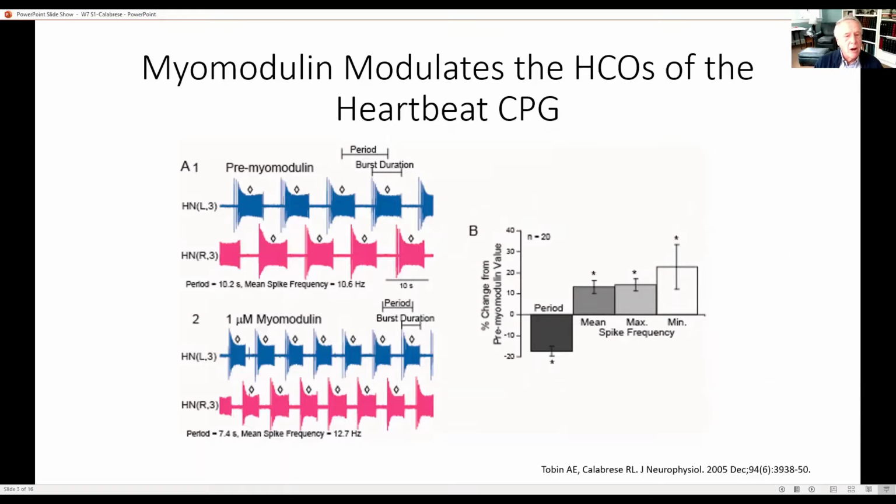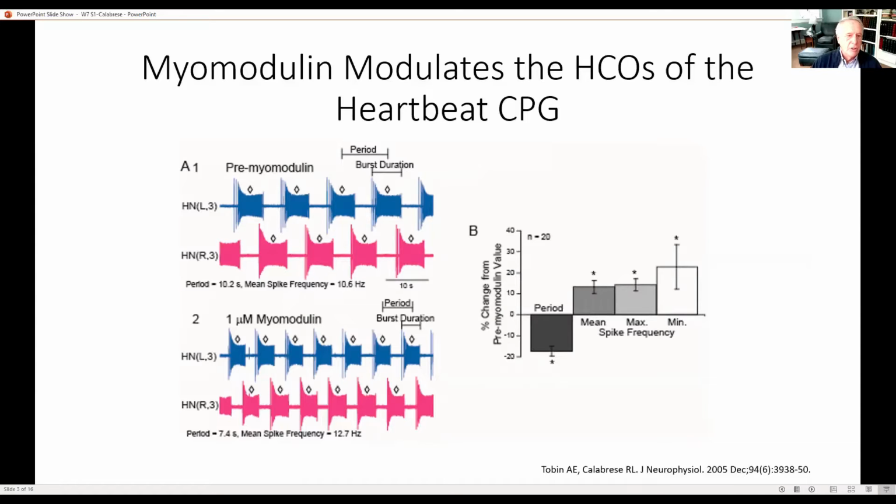Our thoughts about how the pump contributes to bursting in heart interneurons that make up these half-center oscillators began with a study a long time ago by Anneliese Tobin, in which she was looking at the modulator myomodulin.